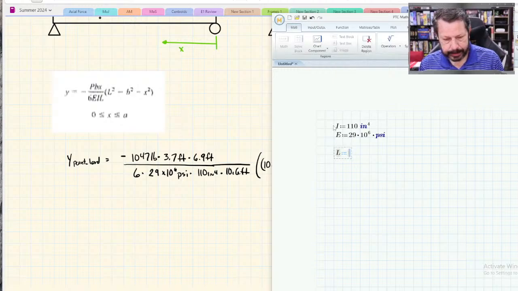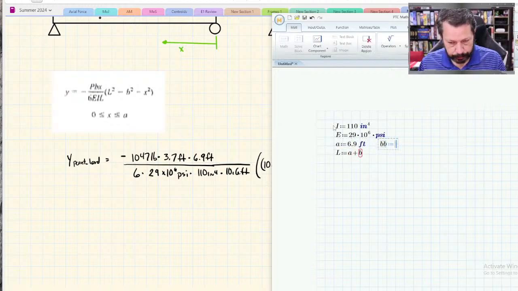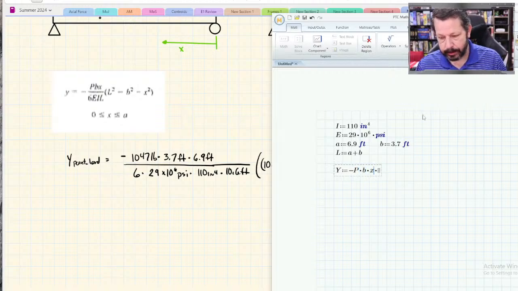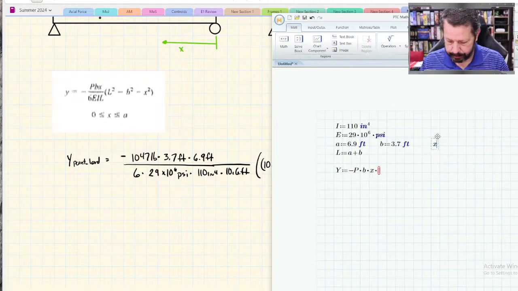L is A plus B. A is the longer one, so that's the 6.9 feet. B was the shorter one, not BB. B is 3.7 feet. And we've got Y is equal to negative P times B times X. Oh, X is also equal to A in this setup.